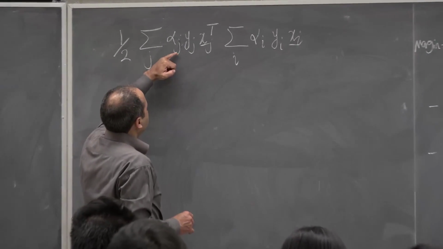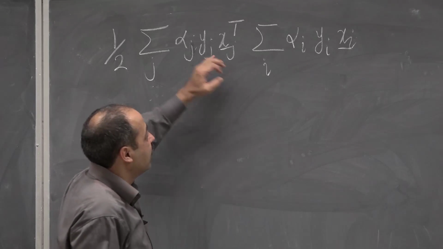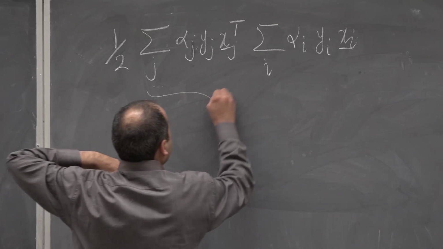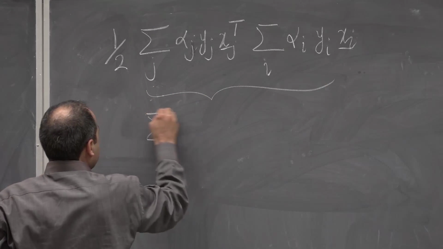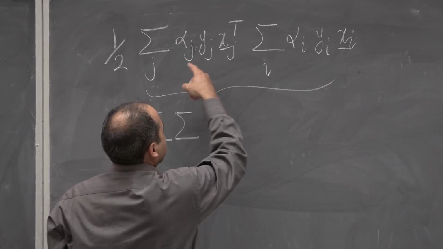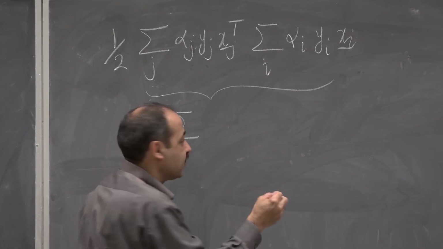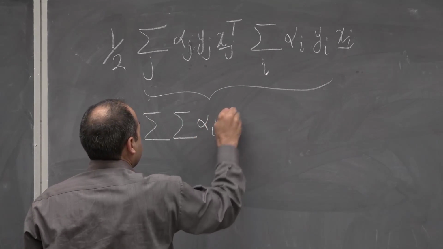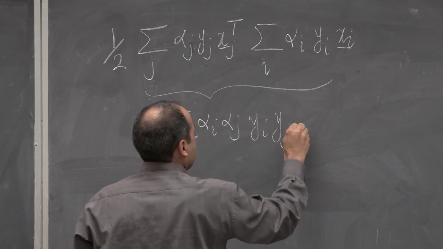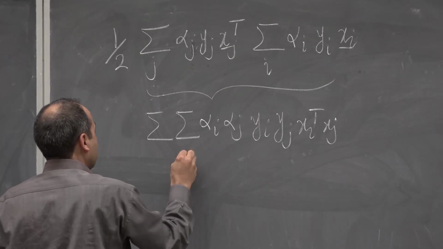And the indices of these are j, so I can push them inside. I can write this as a summation over i, j of alpha i, alpha j, yi, yj, xi transpose xj, over all i and j.